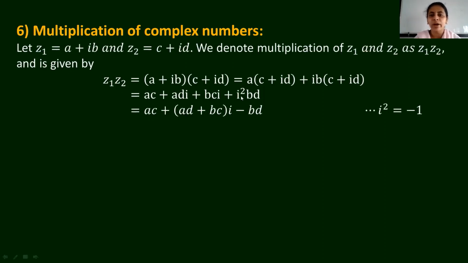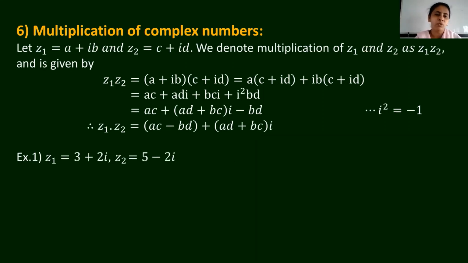And we know that i square is equal to -1, therefore i square bd becomes minus bd. So finally we will get z1 into z2 is equal to ac minus bd plus ad plus bc into i. Okay, so in this way we can do multiplication of two complex numbers.